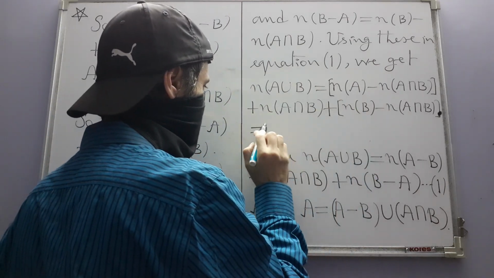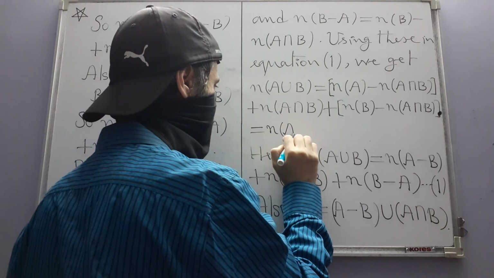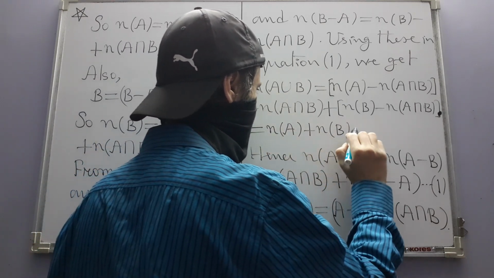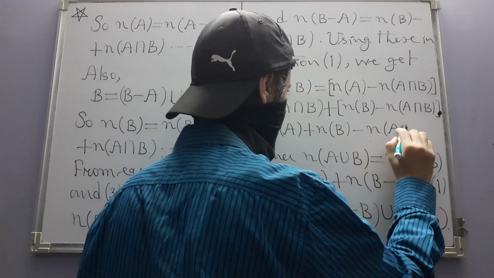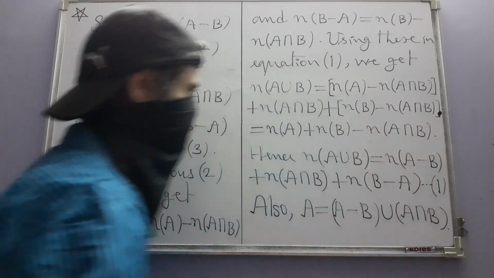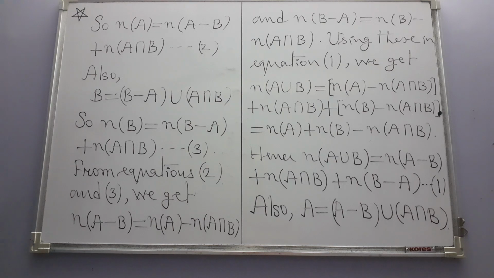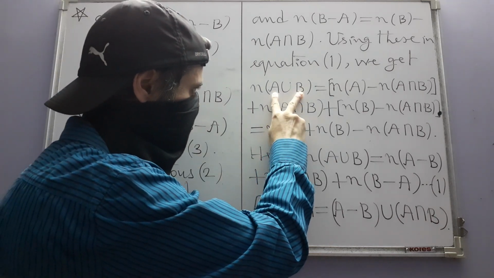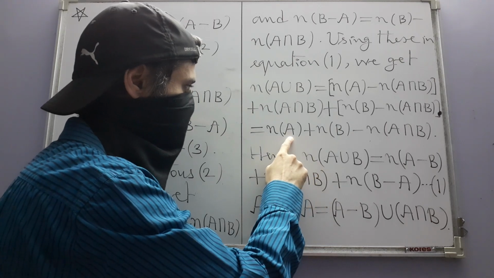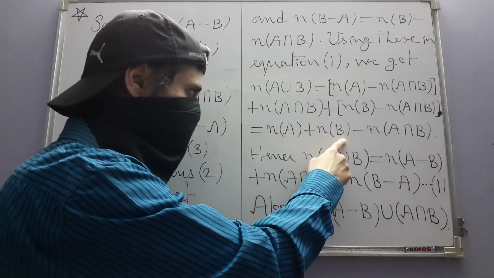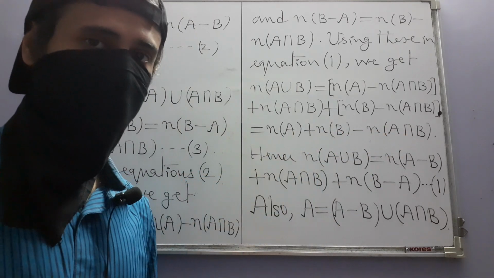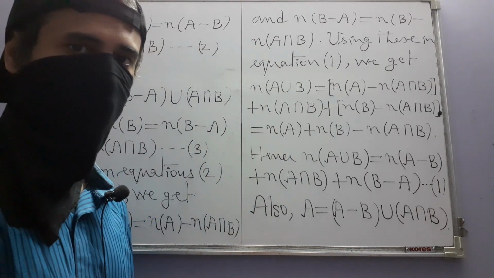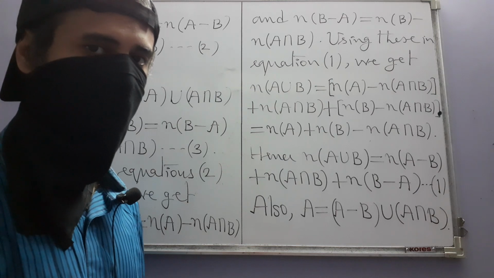That means we are going to get n(A) plus n(B) minus n(A intersection B). Okay, so we have devised a way of knowing how many elements A union B has in terms of how many elements A has, how many elements B has, and how many their intersection has. And this is a formula. We are going to use this formula to solve some problems.